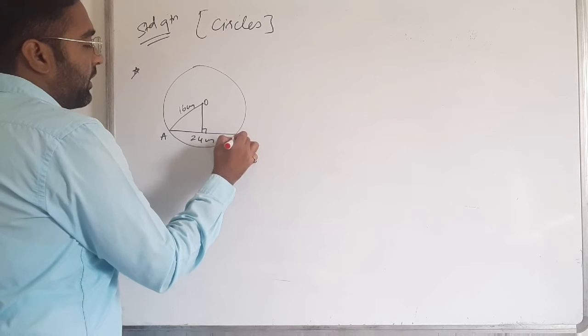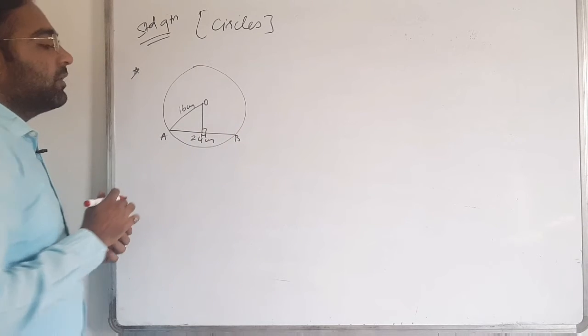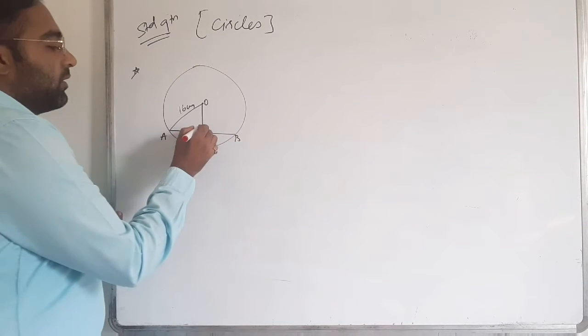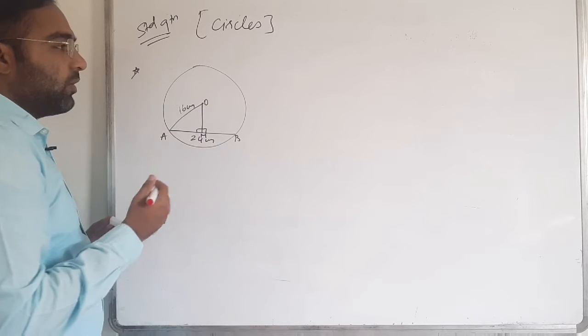So I'll give the naming A, B and M here. We know that the perpendicular from the center of the circle bisects the chord.